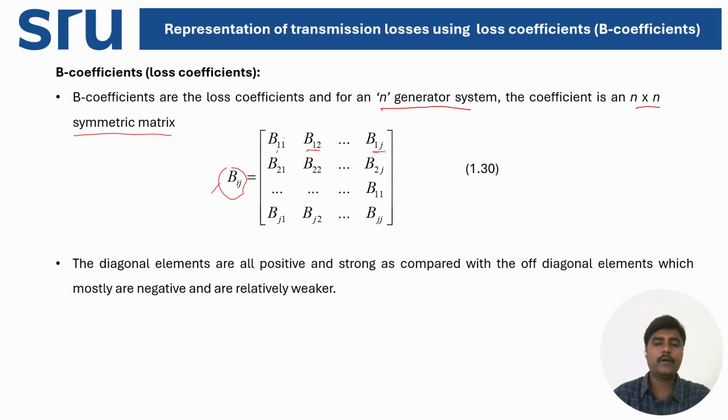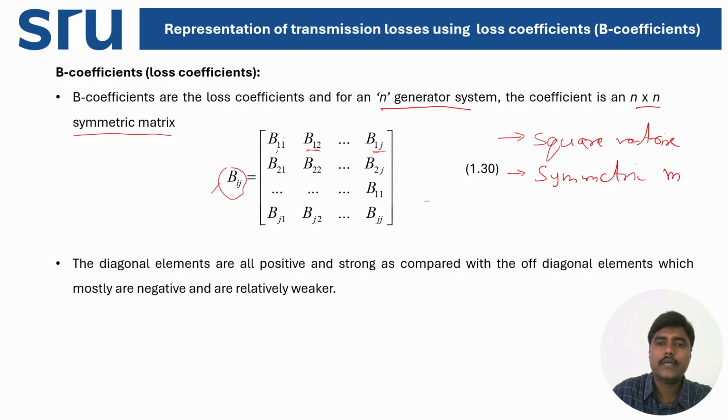Some important observations we can have here. The first observation is that this matrix is a square matrix. The second observation is that the loss coefficient matrix is a symmetric matrix.